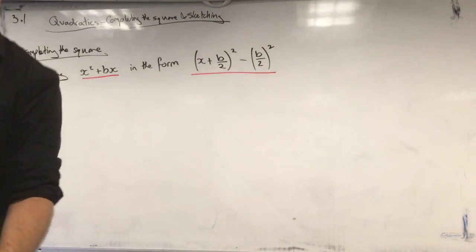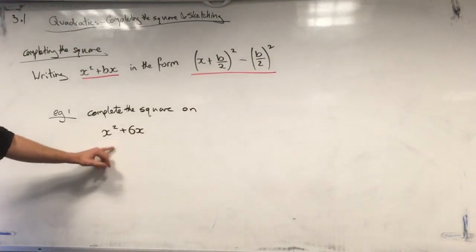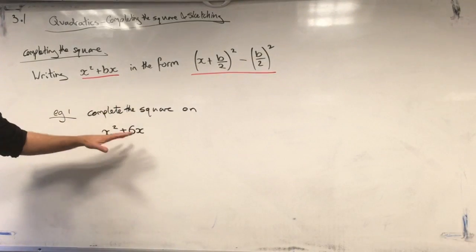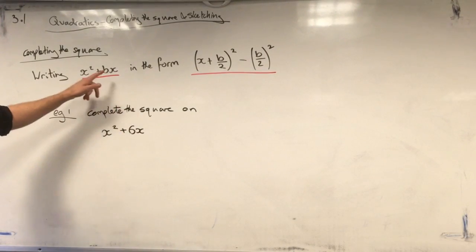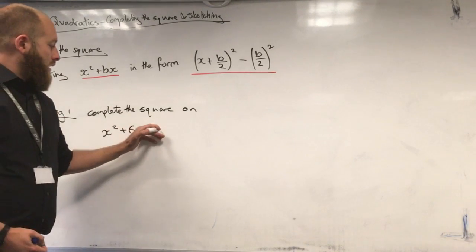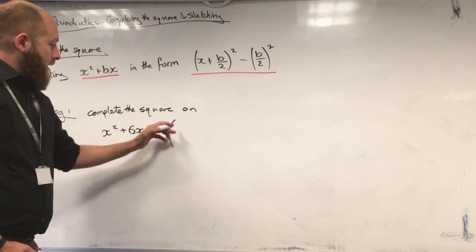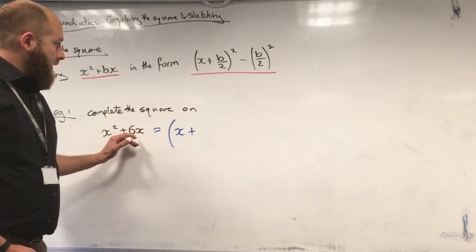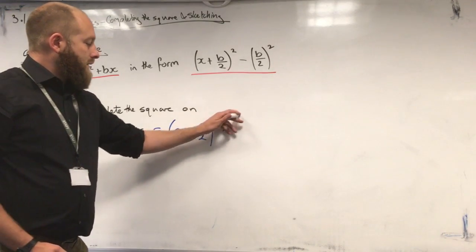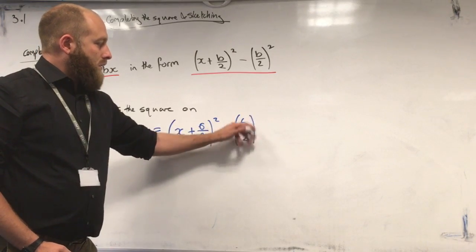So first example. Okay, so we want to complete the square on x squared plus 6x. I've chosen 6 because it looks a bit like b. So we need to half the value of b, so here 6 is b. So brackets x plus 6 over 2 squared minus 6 over 2 squared.